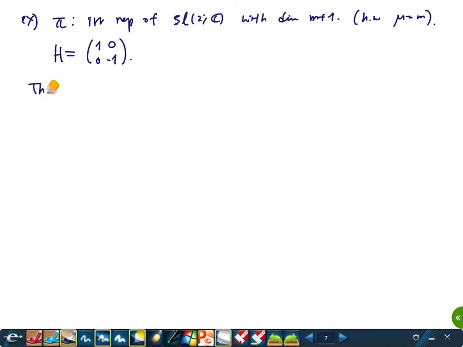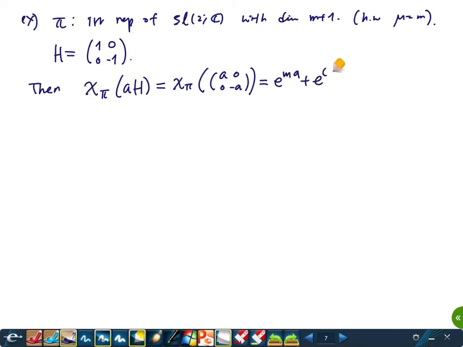Then every element is a constant multiple of this, so we should be able to compute this. This is by definition diag(a, minus a). Let me state the statement, and then I'm going to prove it. The trace or the character must be like this.